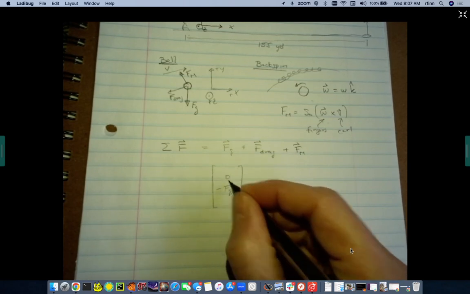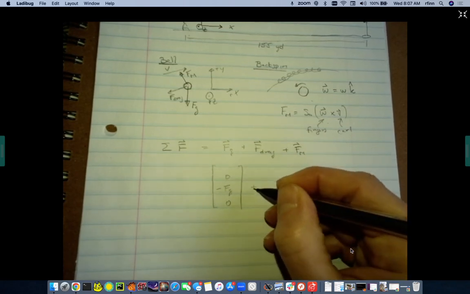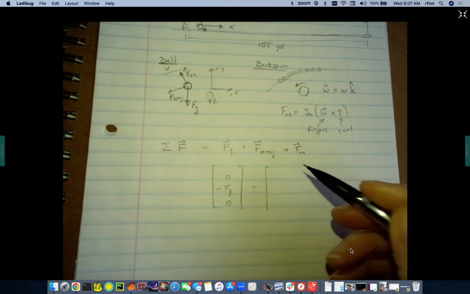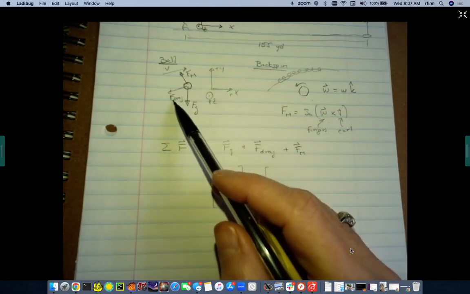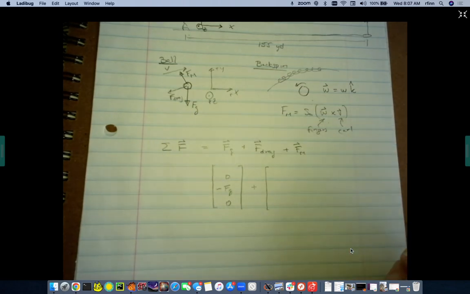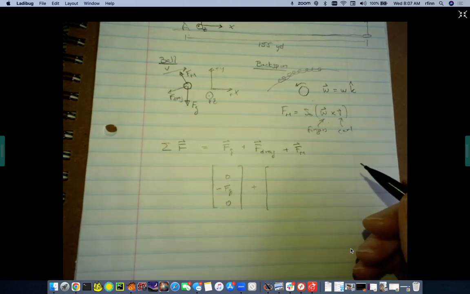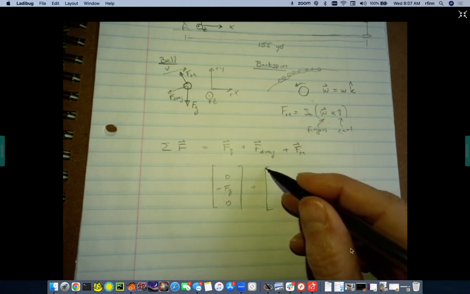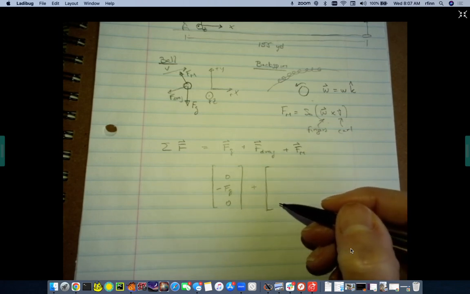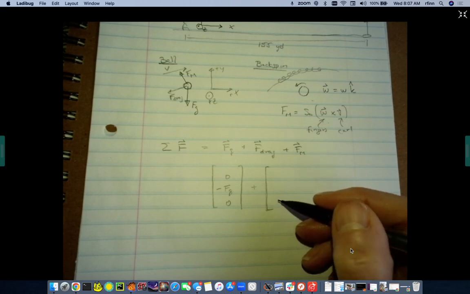It has 0 in x and 0 in z. My drag is going to have a component that is in the x and the y based on this velocity. But it could actually have a component in any direction, because we'll see with our gusting wind, we may actually have z components as well.